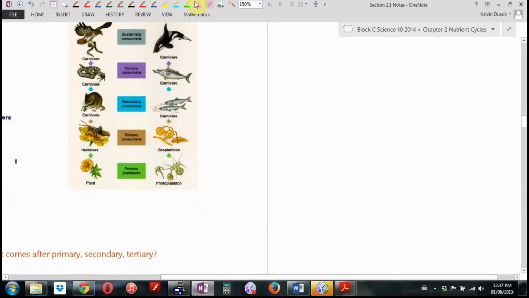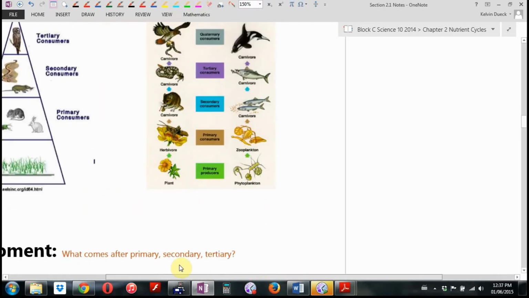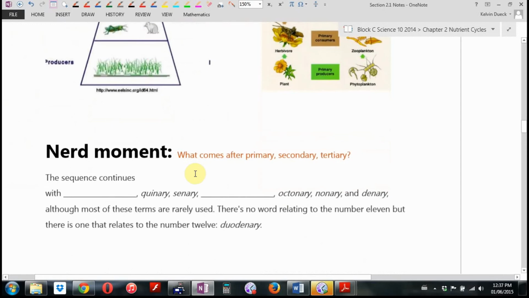But, being a bit of a nerd, what comes after tertiary? Quaternary.